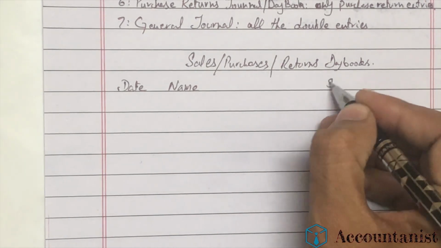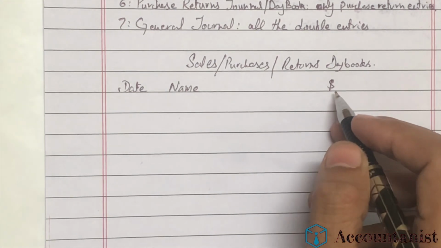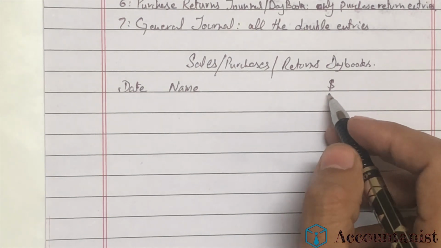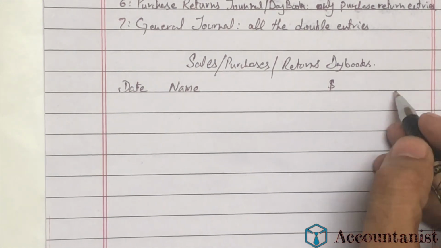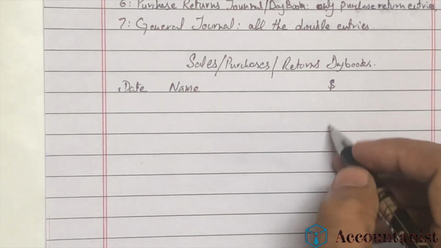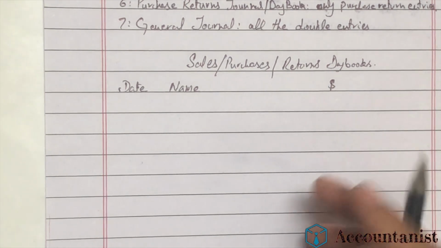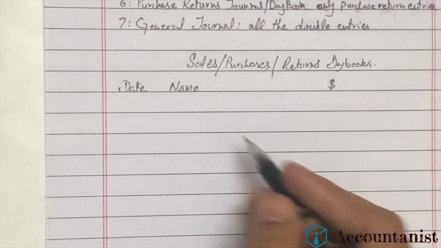Next we have the amount column. That is not the debit column. We have witnessed some questions in Cambridge where they have given two columns, which means some students may use the concept of crediting it. We'll have a look at that as well.